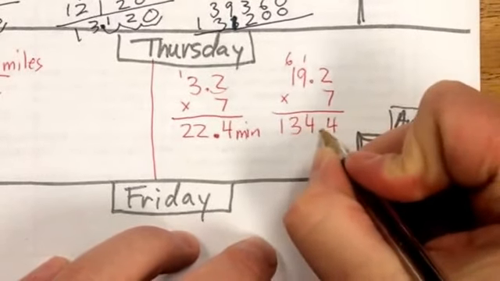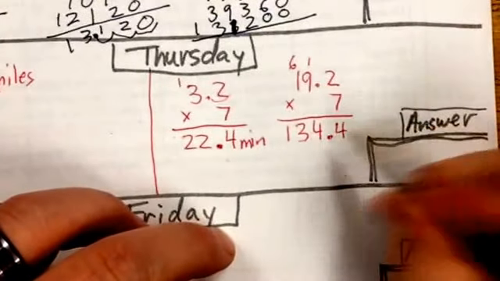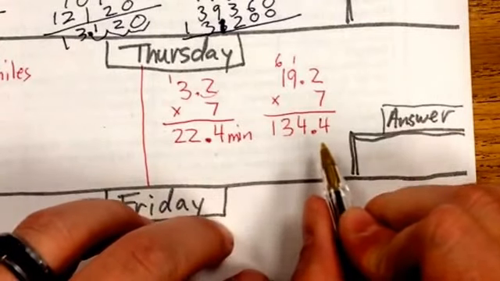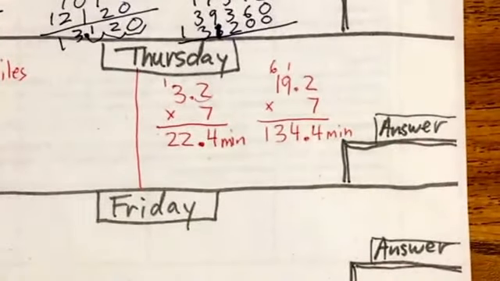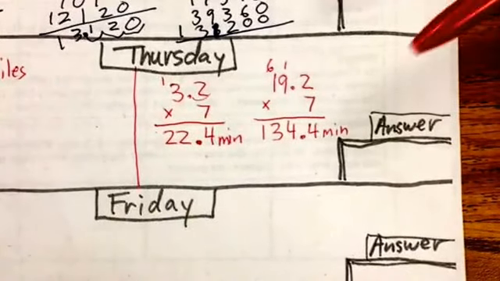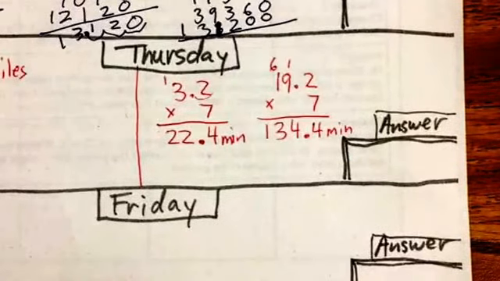So to run all of his races, and we had 1 decimal place in our problem, so we need 1 decimal place in our answer, it would have taken him 134 4/10 minutes to run all of those races. We could even take that to the next level and divide this by 60 to figure out how many hours, but we're not going to do that today.